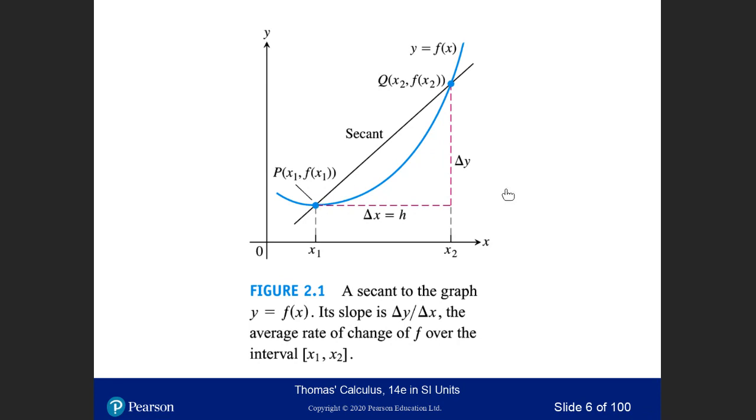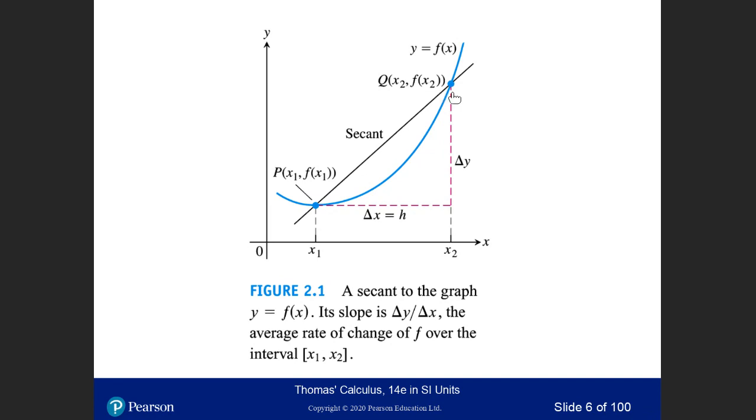And as you can see here, the average rate of change of the function is delta y divided by delta x. Actually, this is the slope of this secant line, because the tangent of theta here is equal to delta y over delta x. So it gives you the slope of the secant line.